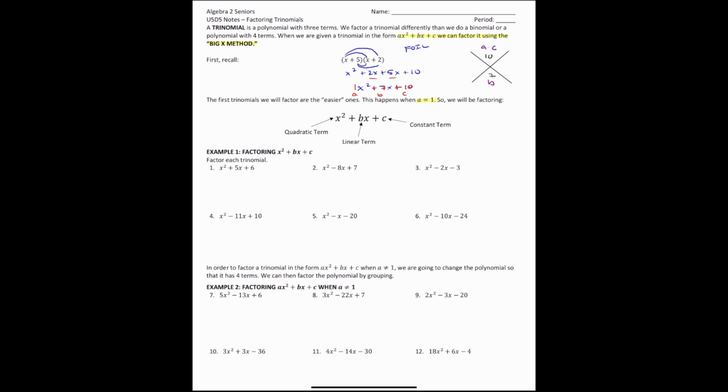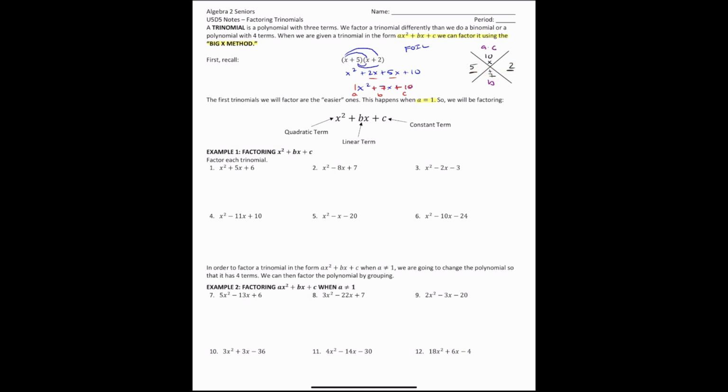Now, in these spaces right here, we need to think of two numbers that multiply together to give you 10, but at the same time add up to 7. In this case, I'm thinking 5 and 2. 5 times 2 is 10, and 5 plus 2 is 7.